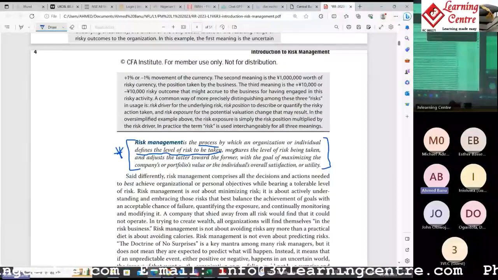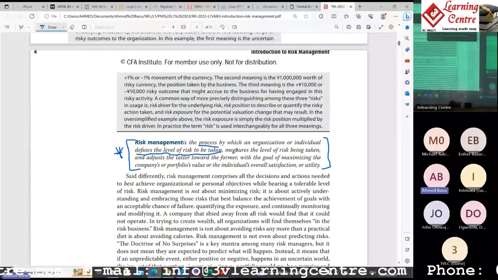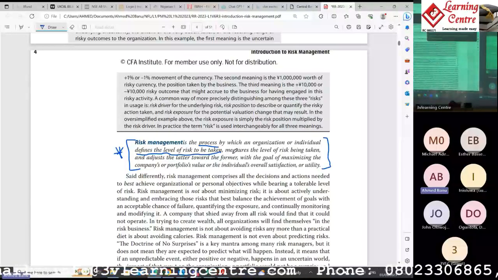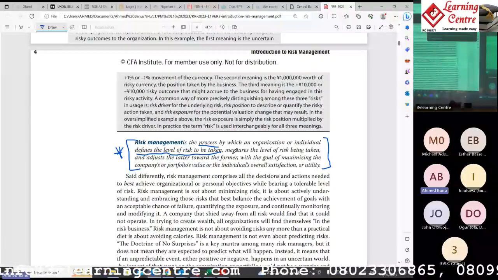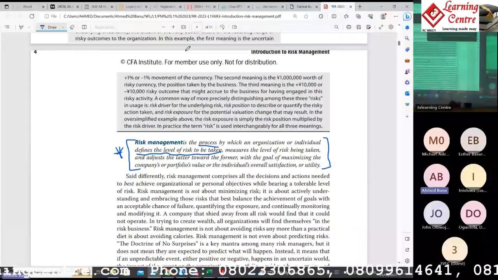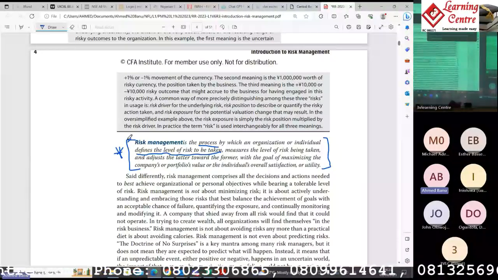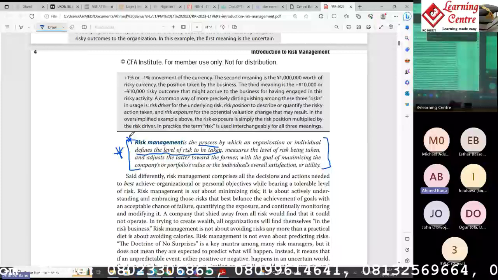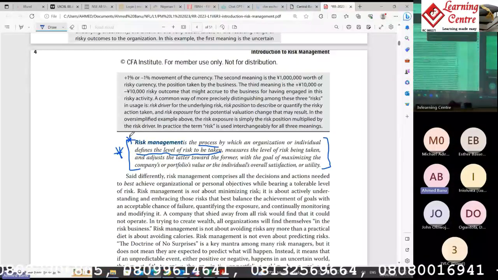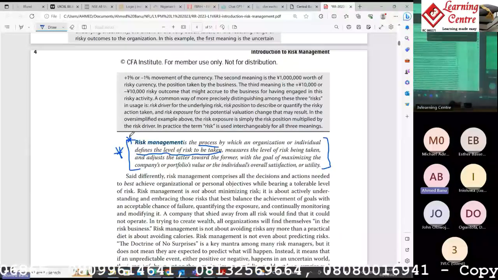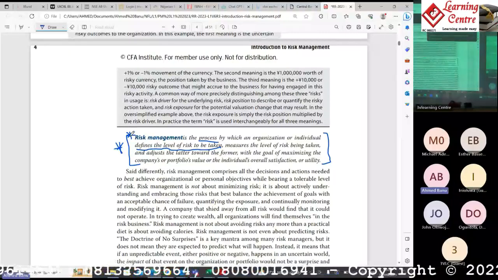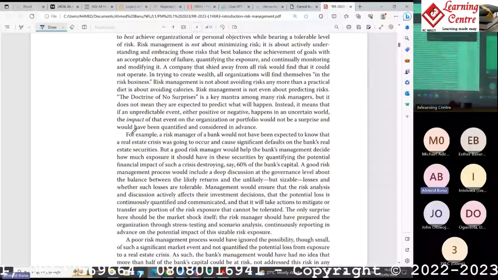And it ends by saying, with the goal of maximizing the company's or portfolio's value or the individual's overall satisfaction and utility. So that is risk management in a nutshell. Define the level of risk you want to take, measure the risk that you have taken, adjust the level of risk that you have taken to the level of risk that you have defined that you want to take. That is risk management.